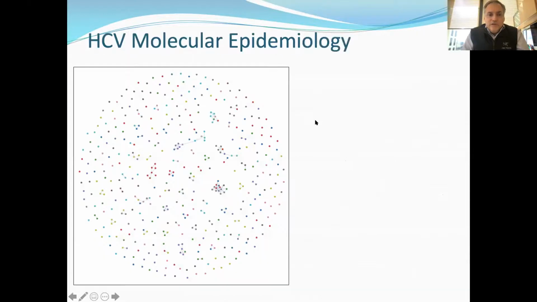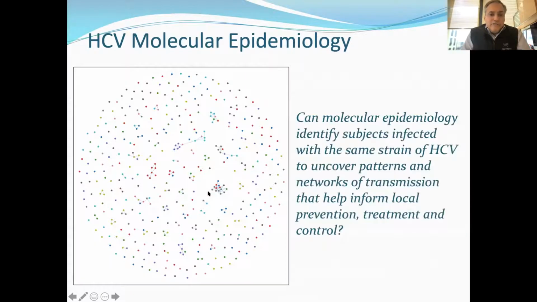Fundamentally, we look at a large cohort of people who have been HCV positive and look at the sequences to understand where certain sequences are showing up that are similar across individuals, and ask whether molecular epidemiology can identify subjects infected with the same strain of HCV to potentially uncover patterns and networks of transmission that might help to inform local prevention, treatment, and control.